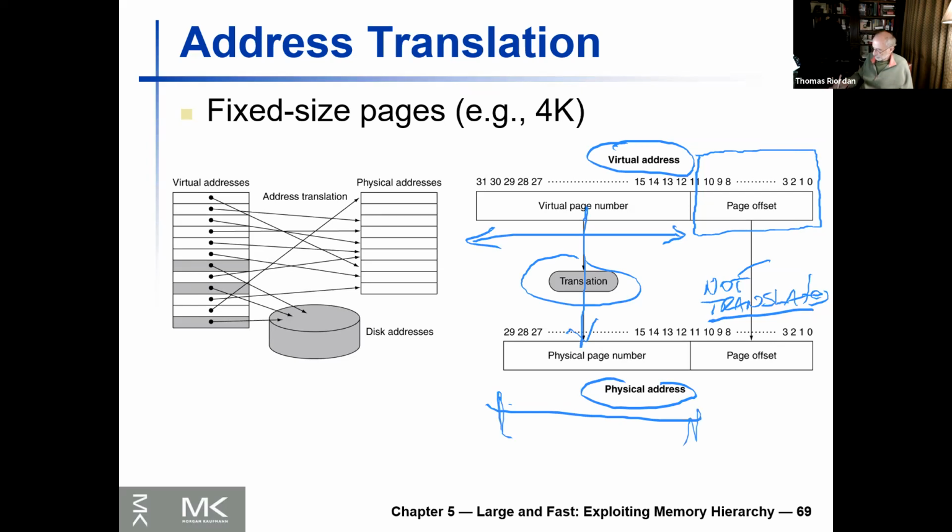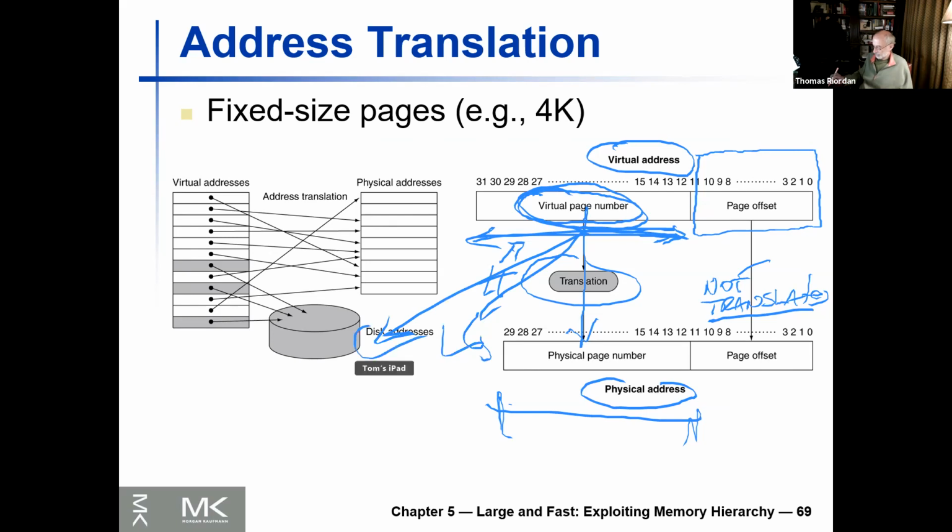This value here won't be equal to this value here. They're not equal. It will move it somewhere. And in fact, for the same value here for two different users, you're going to get two different physical mappings. That's the whole point: every time these match for two users, you're going to get a different physical mapping.